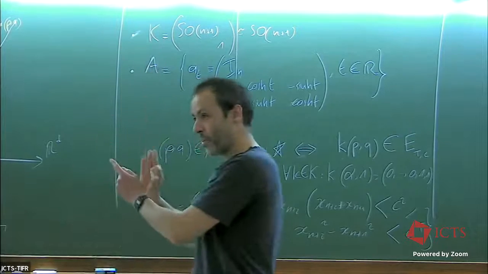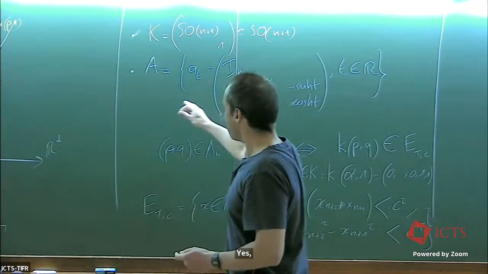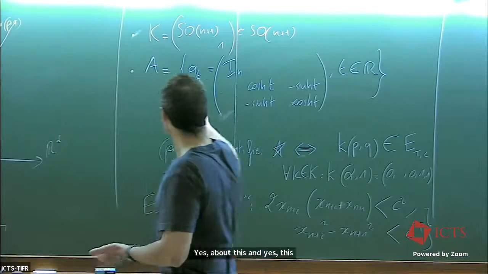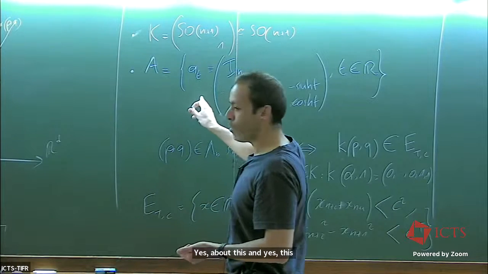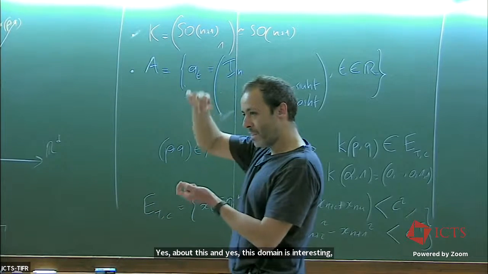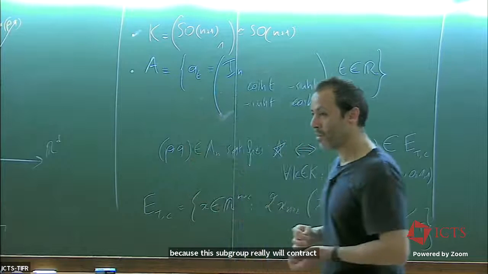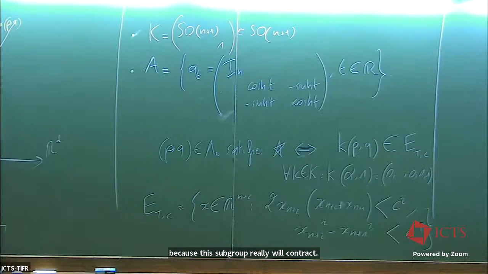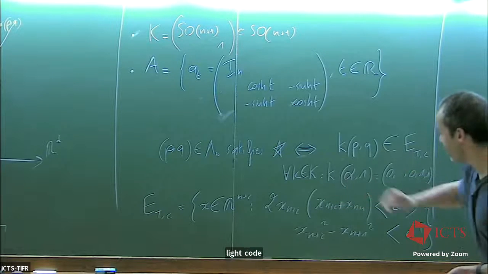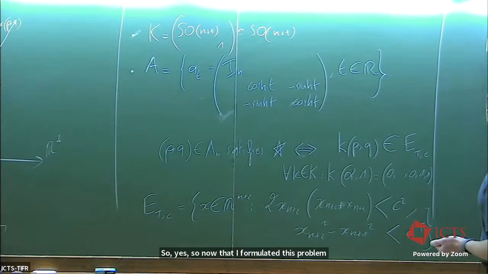Yes, this domain is interesting because this subgroup really will contract this direction of interest, this area of interest in the light cone. So now that I formulated this problem like this, I can write explicitly what the counting function is.